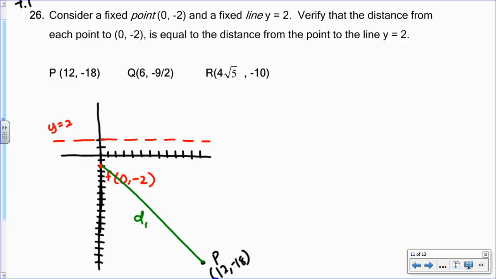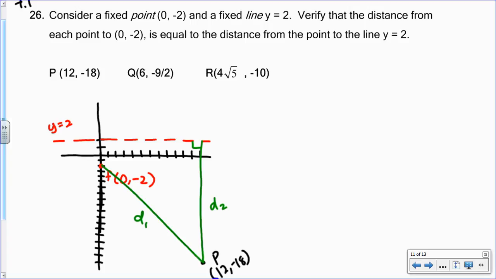Well, remember, when you're doing a distance from a point to a line, you have the formula you did on the warm-up, but when it's horizontal or vertical, we can just count units. And it has to be perpendicular. So drawing a line from P to L has to be perpendicular. So I'm going to draw just a vertical line right there. So I know that has to be perpendicular.